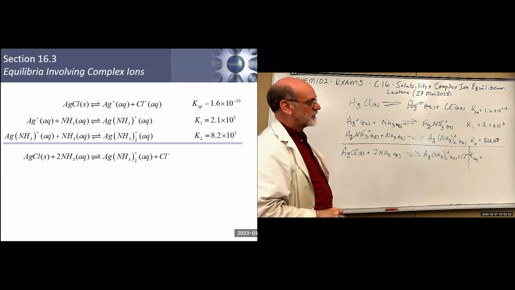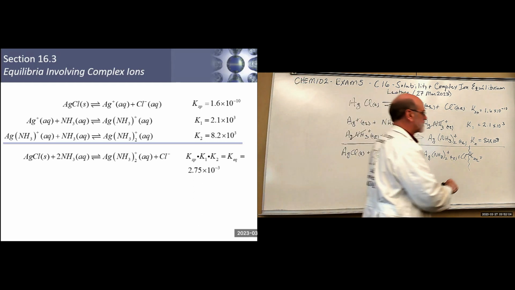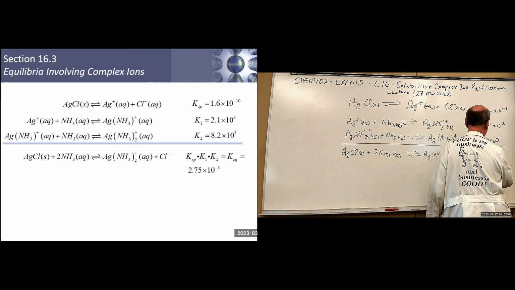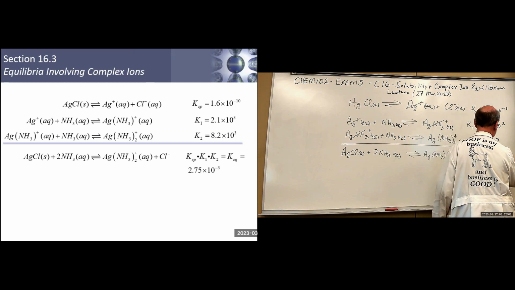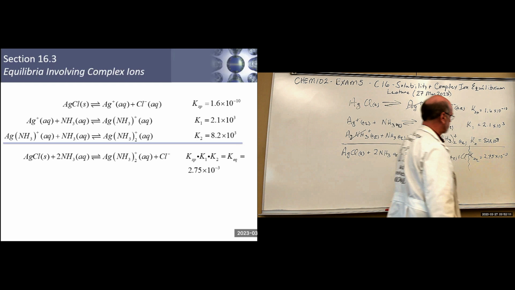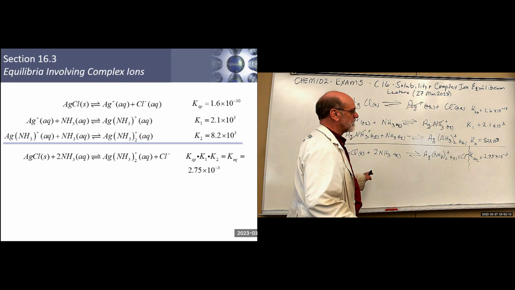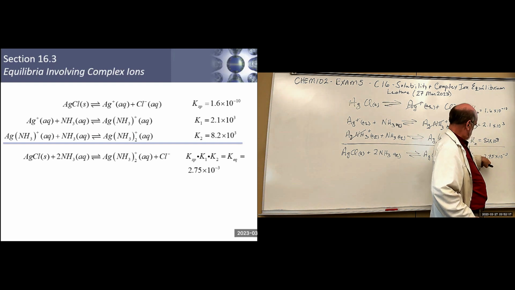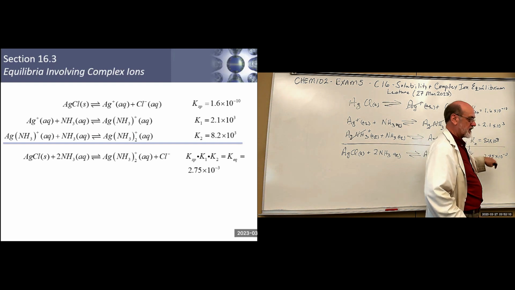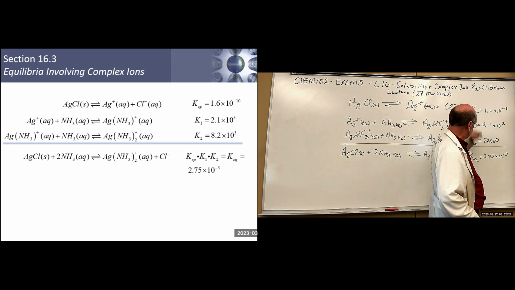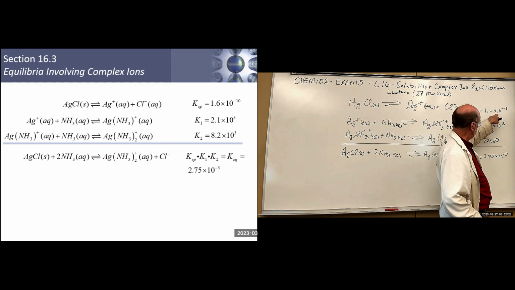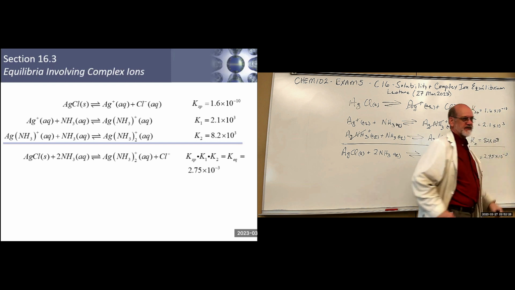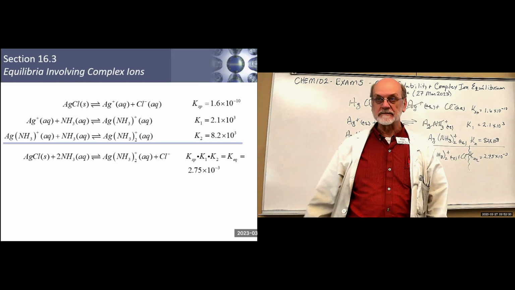That's overall. And the K for that is 2.75 times 10 to the minus 3, is it? Yeah. So that may not seem like much, but when you compare that K to this K, you've improved the K by a factor of 7 orders of magnitude.